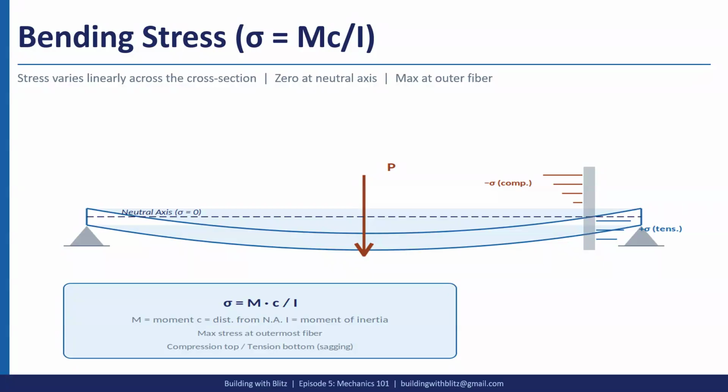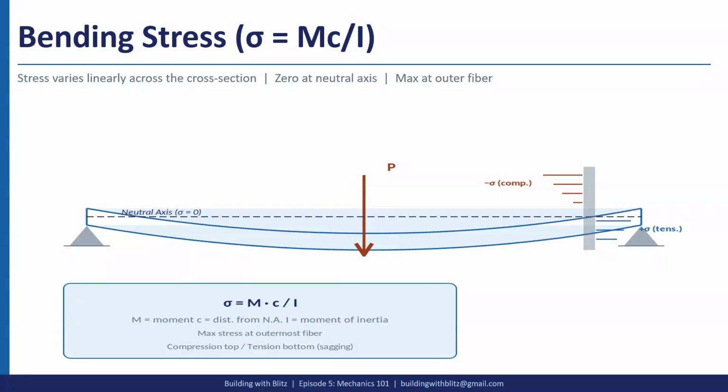And then the moment of inertia I value for a rectangular member, we know this is going to be the width times the height cubed divided by 12. This is kind of the resistance that the geometry of the member is able to provide. So a higher I value is a lower bending stress.